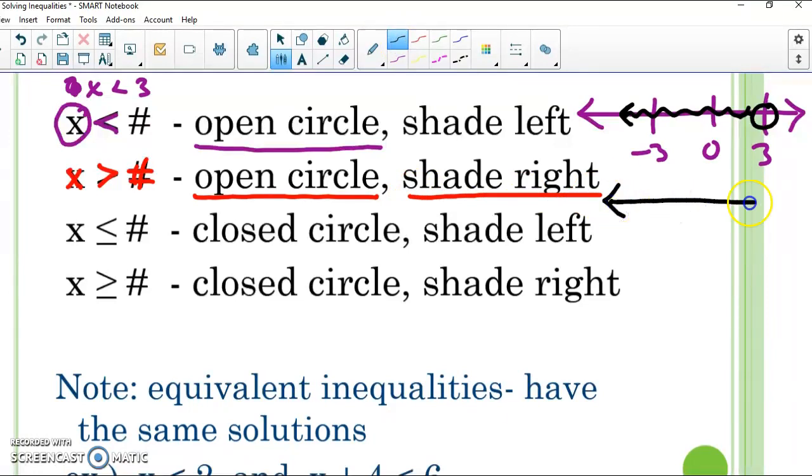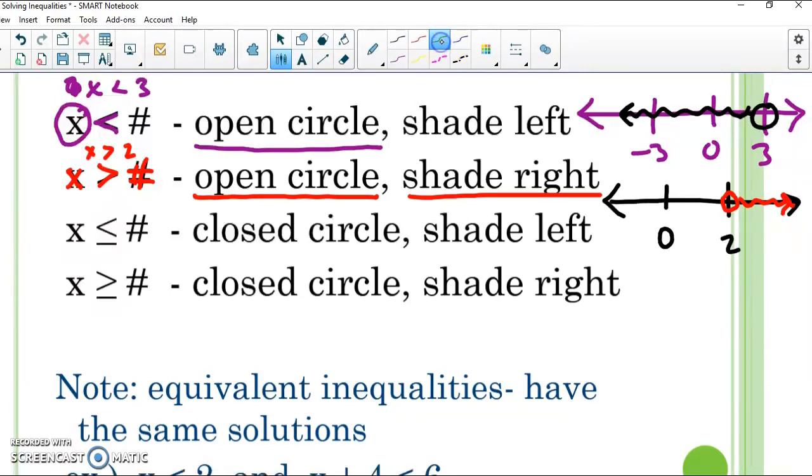So that could look like if we said that x was greater than 2, for example. So if I have 0 and 2 on my number line, I could put an open circle at 2 and then shade to the right, and that's going to show you that x is greater than 2.